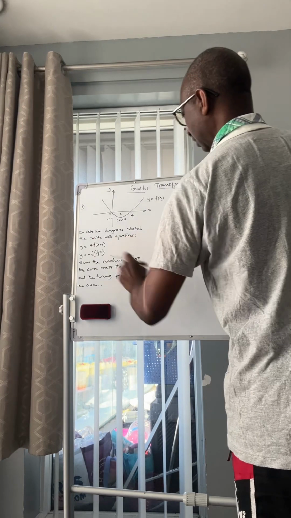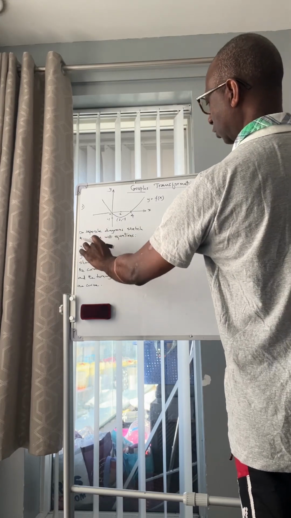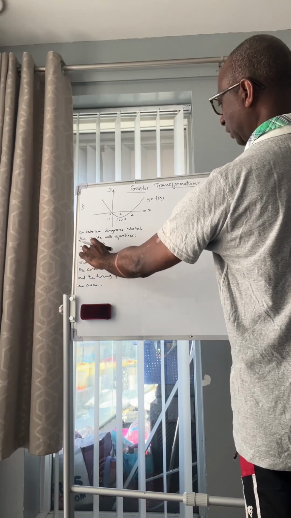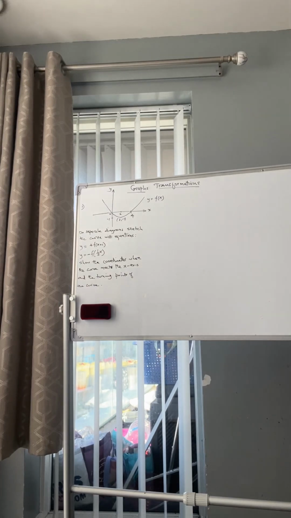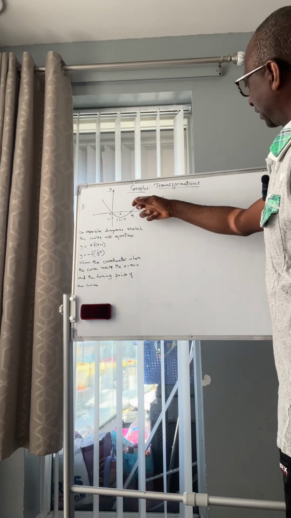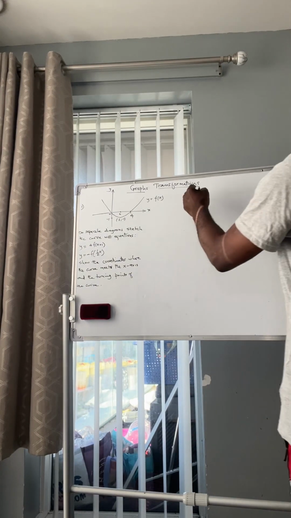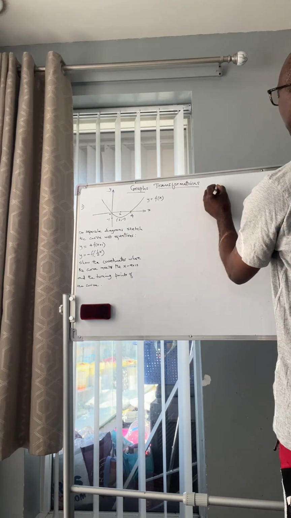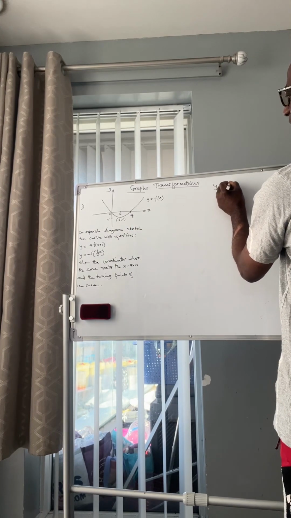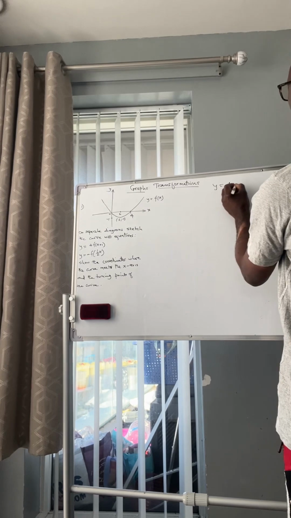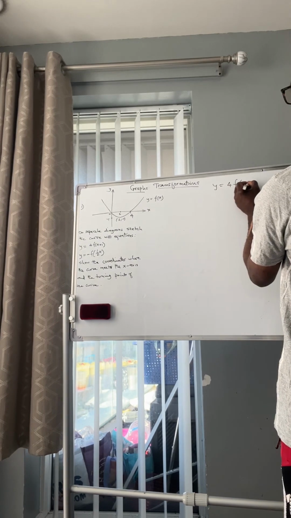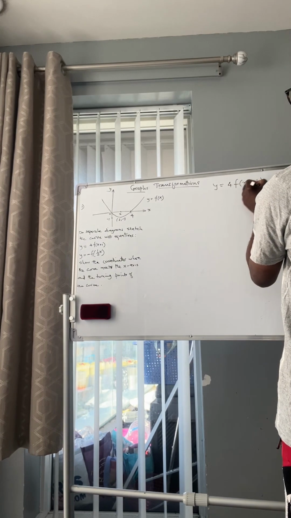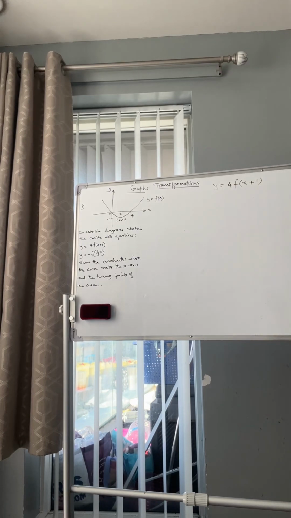We are asked to sketch the curve y equals 4 f of x plus 1 with reference to the graph we have here. So we have y equals 4 f of x plus 1. There are two things here.